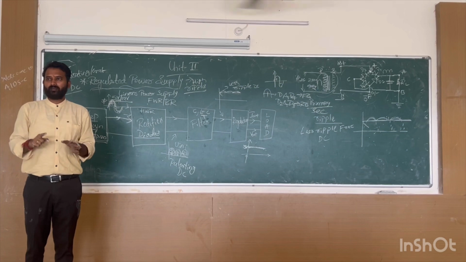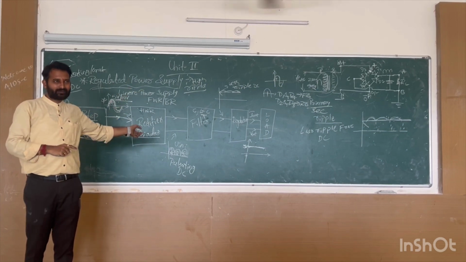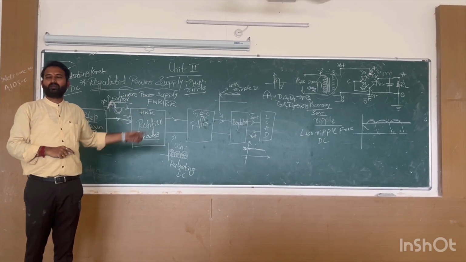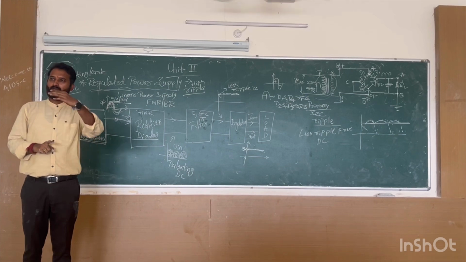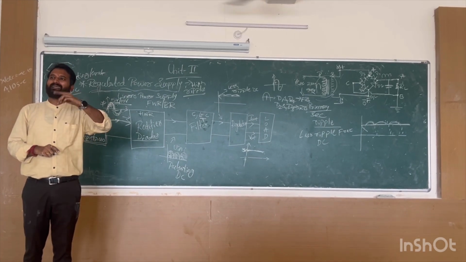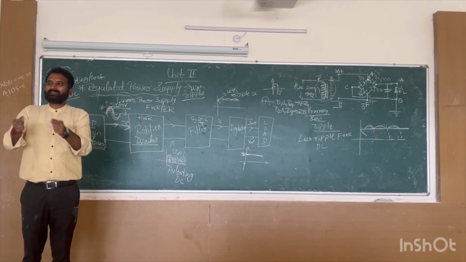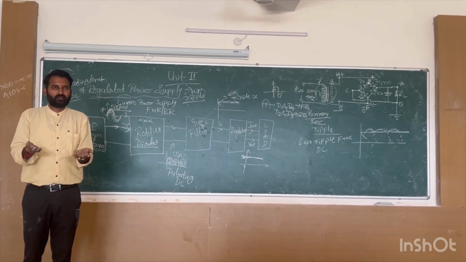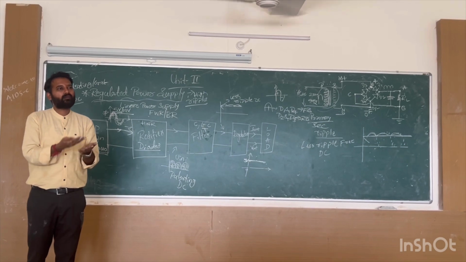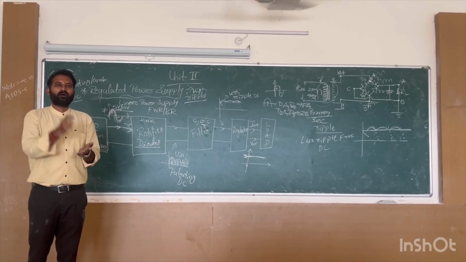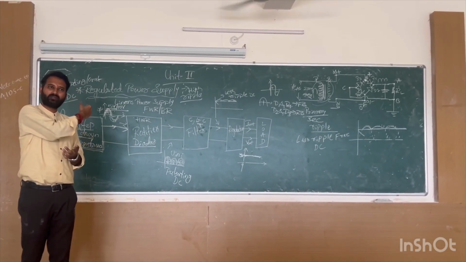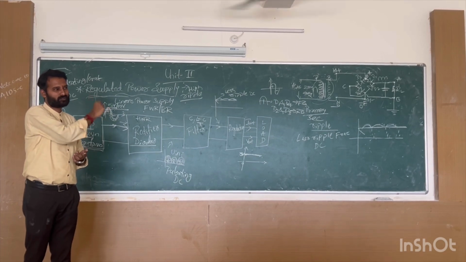Now, this they will include in the real time project. When you go to a higher level, like EC, electrical, mechanical, civil, have you seen project kits, in mini project, major project? They must have this regulated power supply.